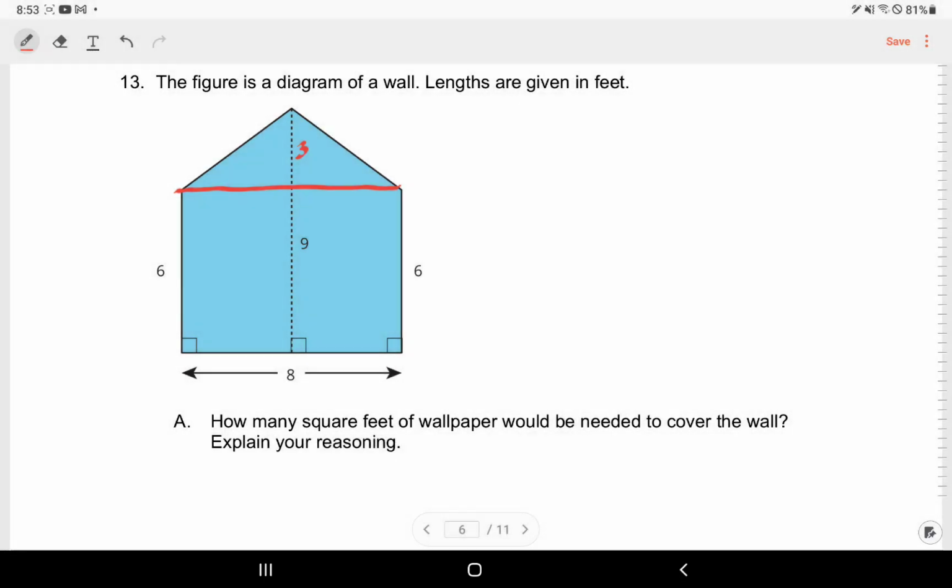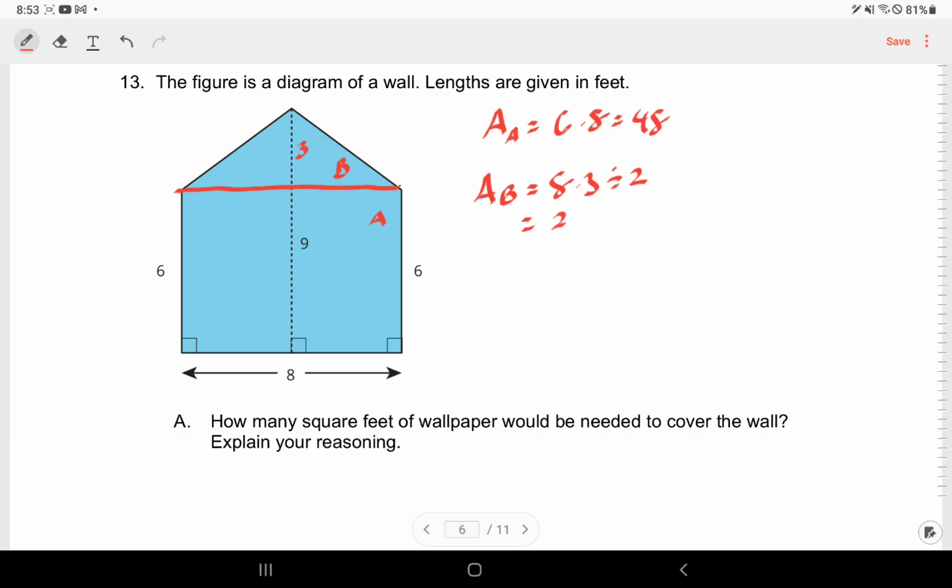So the rectangle, so let's call this A and B. So the area of A is 6 times 8 for 48. The area of B is 8 times 3 divided by 2.